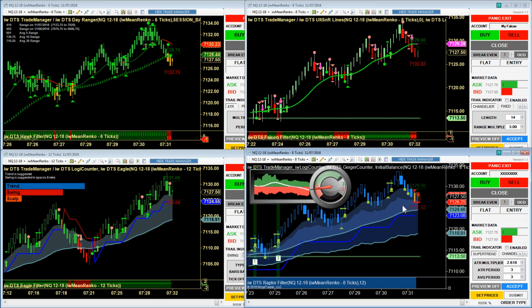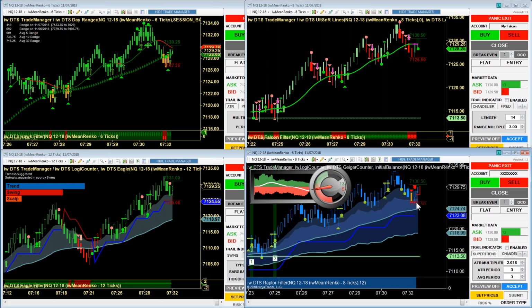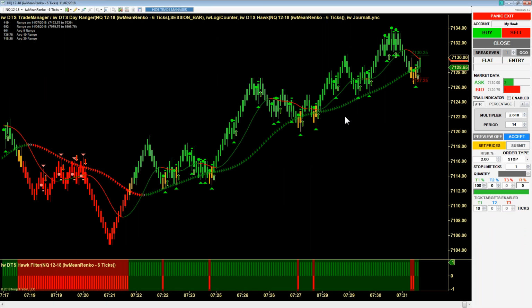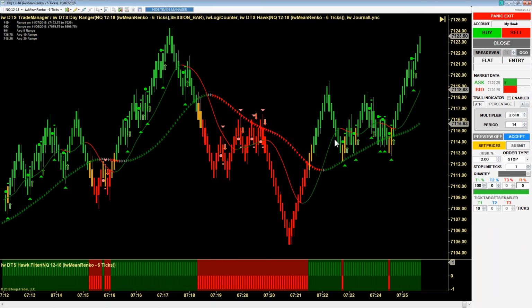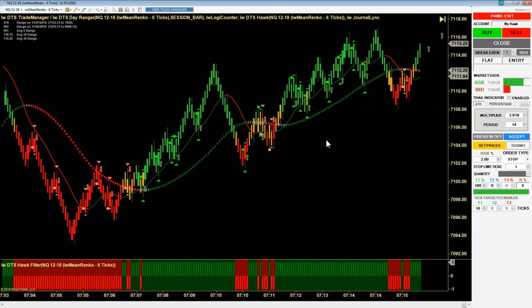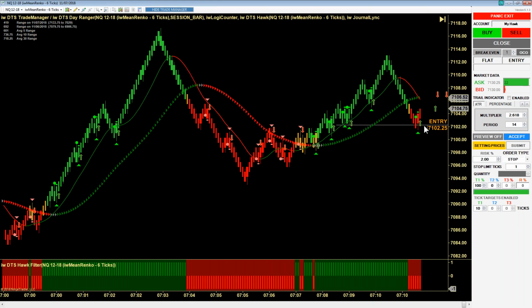Your number 2 signals, the counter trend signals, well, those are really quite unique to the Raptor. Occasionally, you're going to get a red bar buy or a green bar sell that fails, which will occur about the same time. So here is a red bar buy signal, and because it's a red bar buy signal and it's the counter trend signal on the Hawk, we could set up to short it. Right?